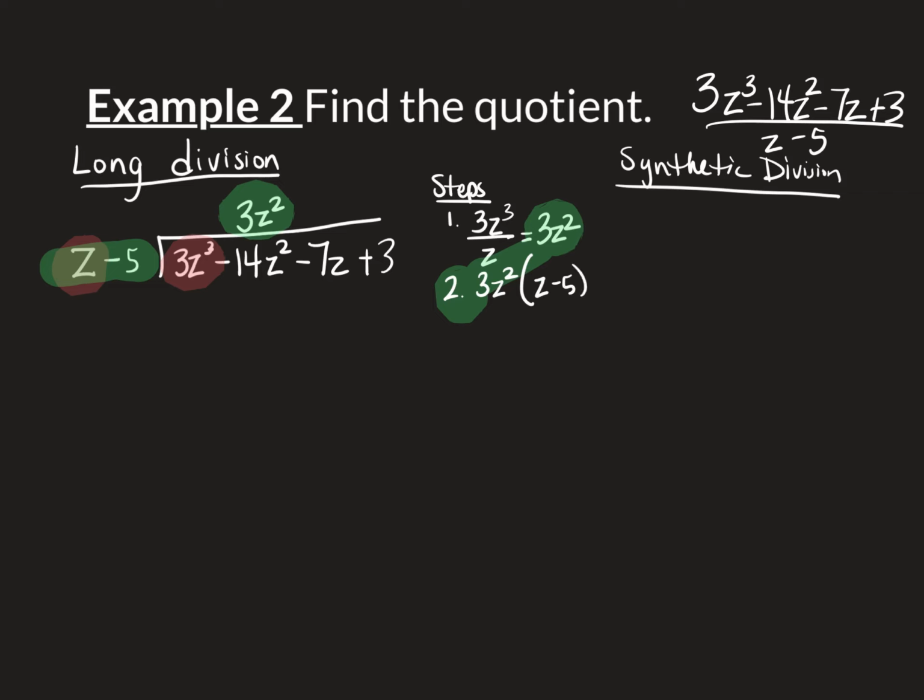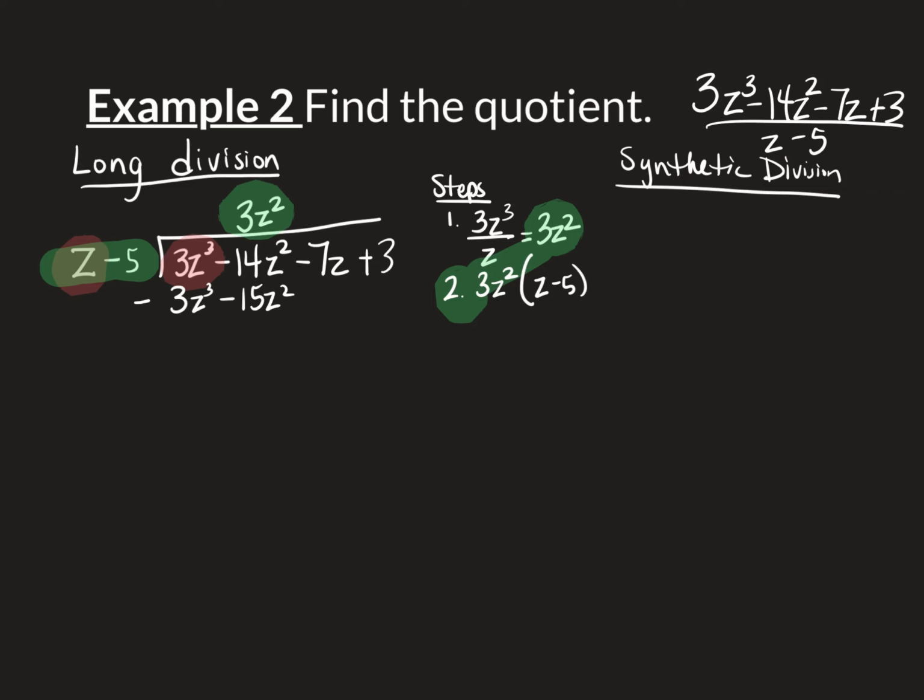I'm going to put the product underneath their like terms. 3z squared times z is 3z cubed. I'm going to put that answer here. And 3z squared times negative 5 is negative 15z squared. I'm going to put that answer here. So 3z cubed minus 15z squared.